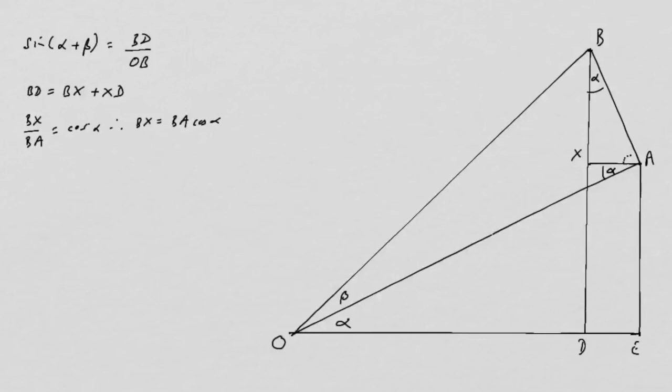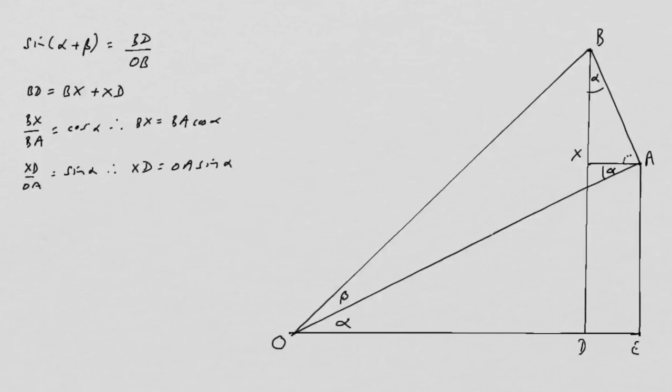In the triangle OAE, since XD is equal to AE, we have that XD over OA is sine alpha, and therefore XD equals OA sine alpha.